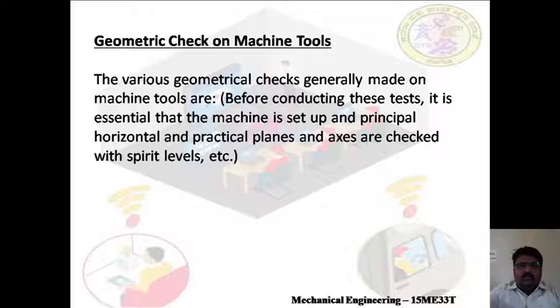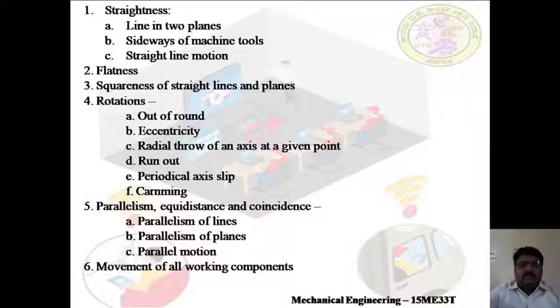Before conducting these tests, it is essential that the machine is set up and the principal horizontal and vertical planes and axes are checked with a spirit level, etc. The geometrical tests check the straightness, flatness, squareness of straight lines and planes, rotations, parallelism, equidistance and coincidence, and movement of all working components.